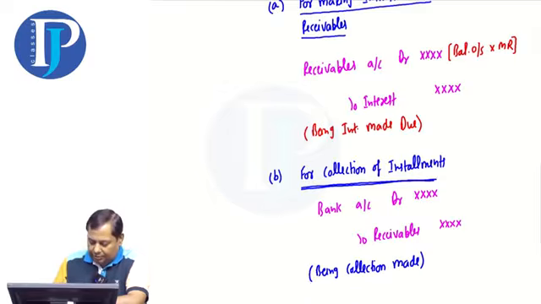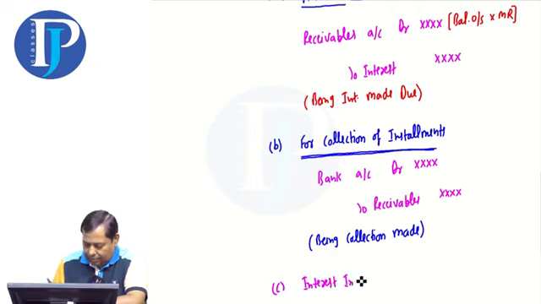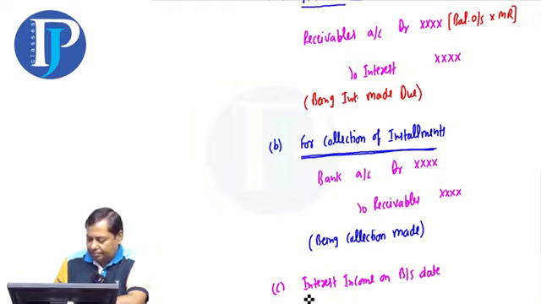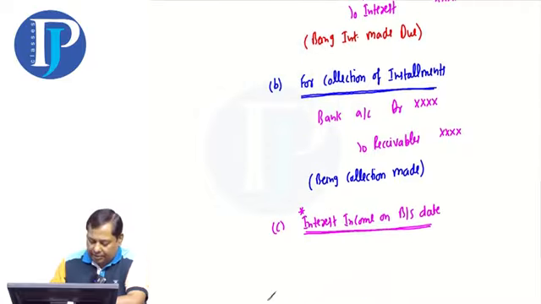And for point C, write interest income on balance sheet date. I'm talking about this interest. Now look at this carefully. This interest comes to P&L.